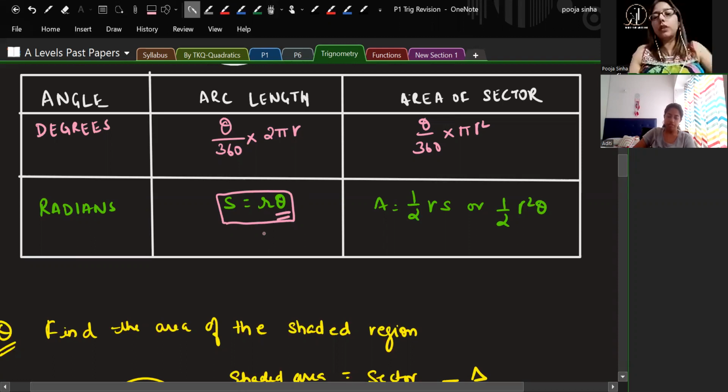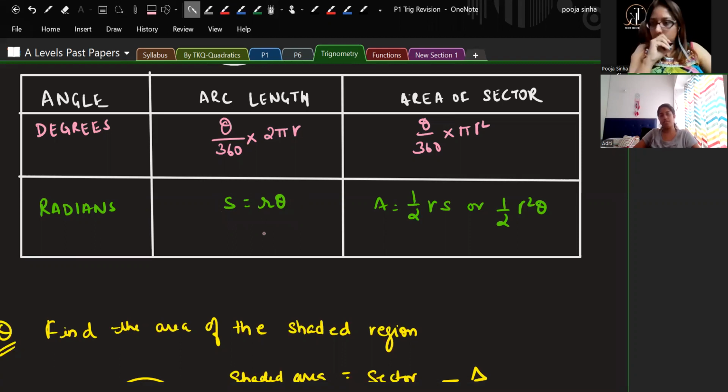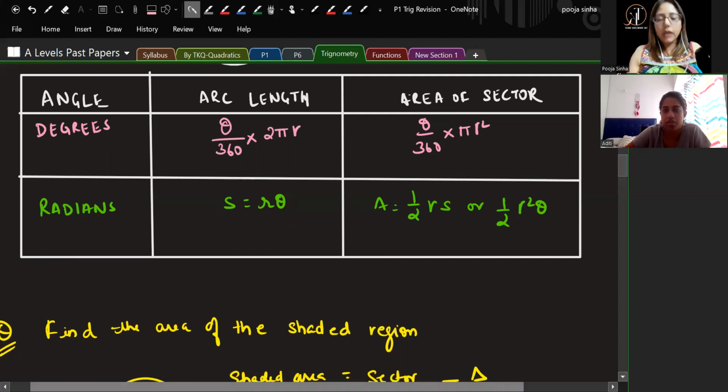Now suppose you want to convert that theta into degrees. We know how to convert it. If theta is given in radians, suppose 2 radians is the theta, what is the arc length? 2 into r. Wait, can you say again? I think you lost connection for a moment. Okay, I'll repeat.